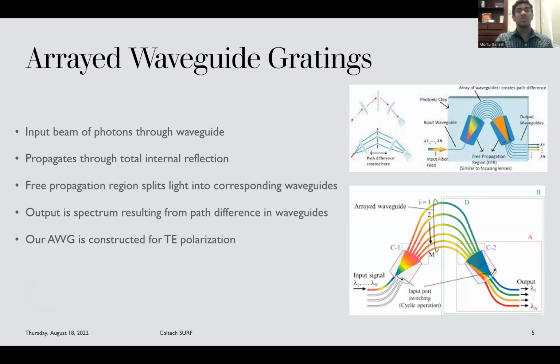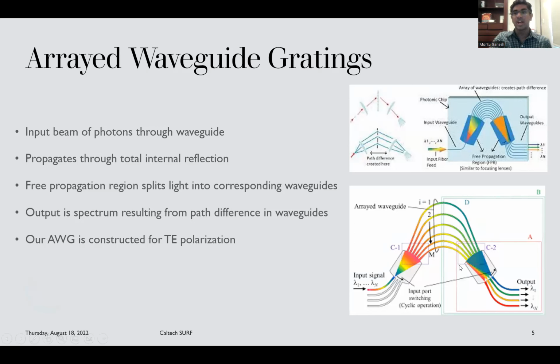As it propagates through the waveguide, there's a free propagation region which will split the light into corresponding waveguides, creating an array of waveguides. And this arrayed waveguide has light of different wavelengths. However, now there'll be a path difference created between the waveguides.